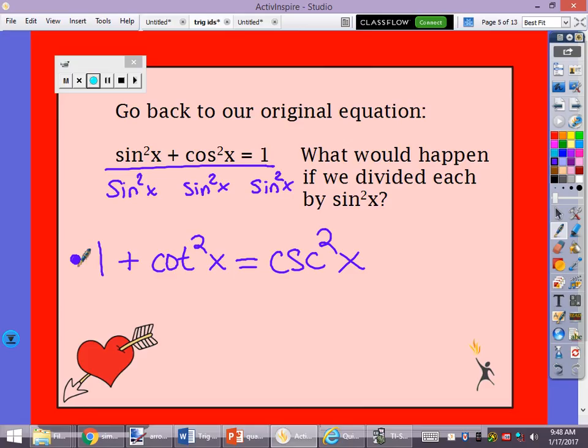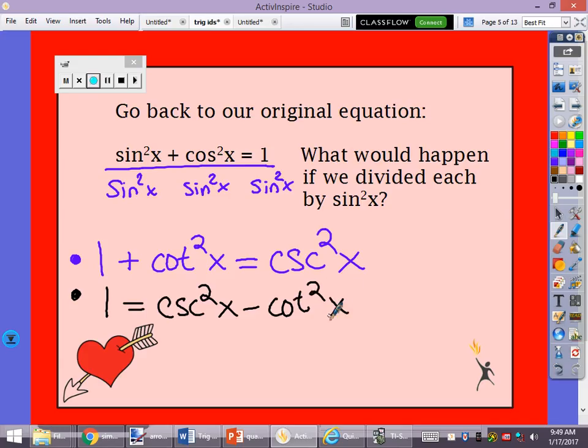Okay? All right, so now, just like earlier, I'm going to manipulate this to get two more equations. Okay, so if I get 1 by itself, that's cosecant squared minus cotangent squared.